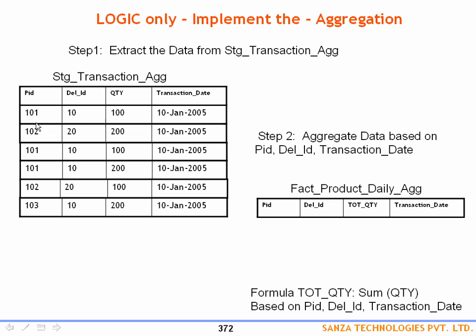That is group by on product ID, dealership ID, transaction date.